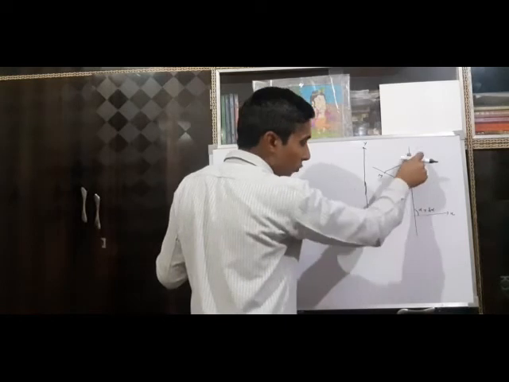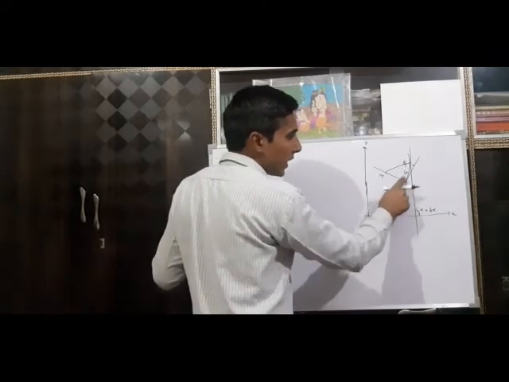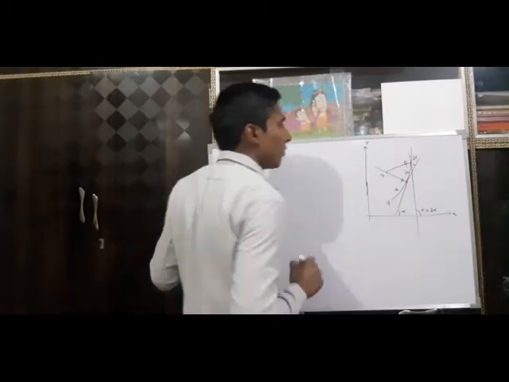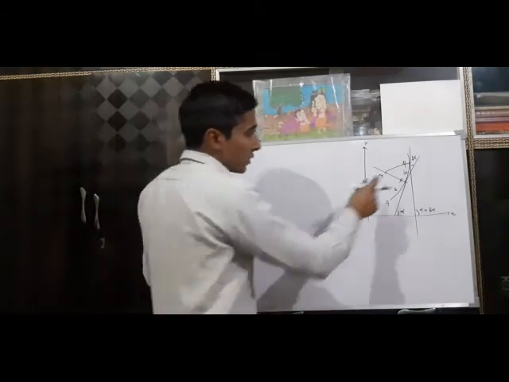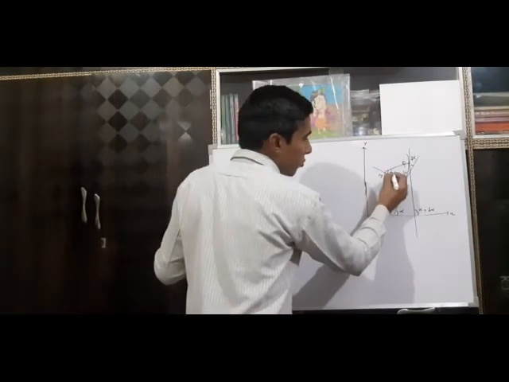So the angle of intersection between two tangents, one tangent at point P and other tangent at point Q, this angle is delta alpha. Now since these normals intersect at the point M, this angle is also delta alpha.